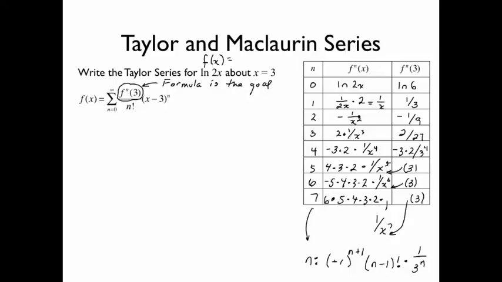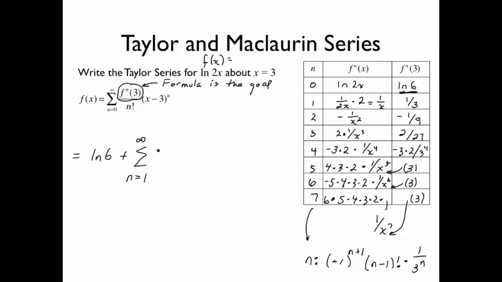Now, where does n start? When n equals 0, we have something totally different, a natural log of 6. That doesn't fit this formula at all, so we have to write that term separately. So this function is going to be natural log of 6, first of all, plus, and now n starts at 1, because n equals 0 is what we already got. And what was the nth derivative taken at 3?